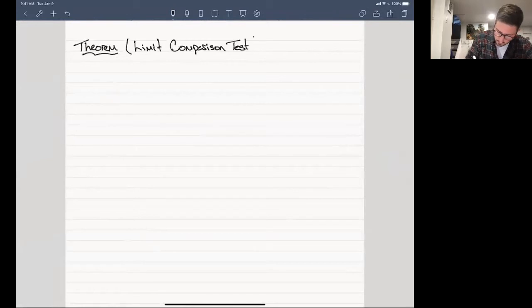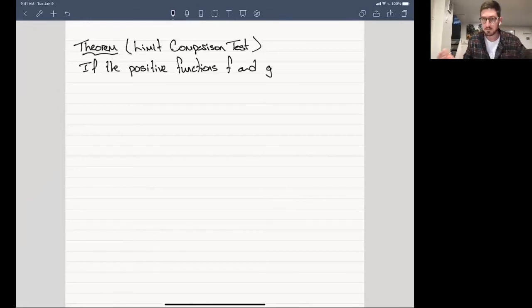And so here, what we'll say, if the positive functions, so we're always going to be using positive functions for this, so that we can't escape to minus infinity, right? So we always have a lower bound of 0. So we're interpreting these things as proper areas under curves. And then we want to put an upper bound on these things that's not necessarily infinity.